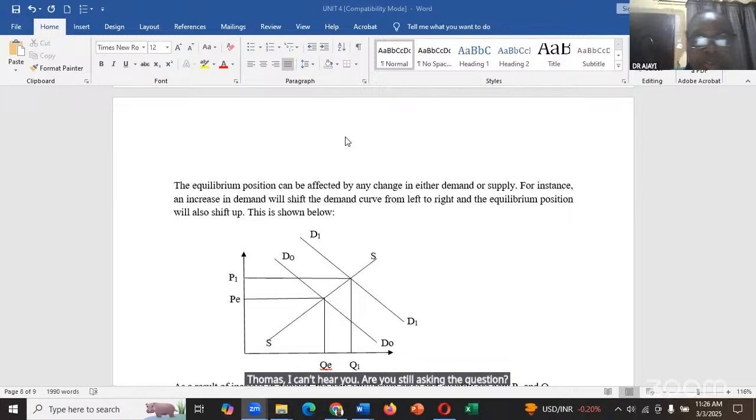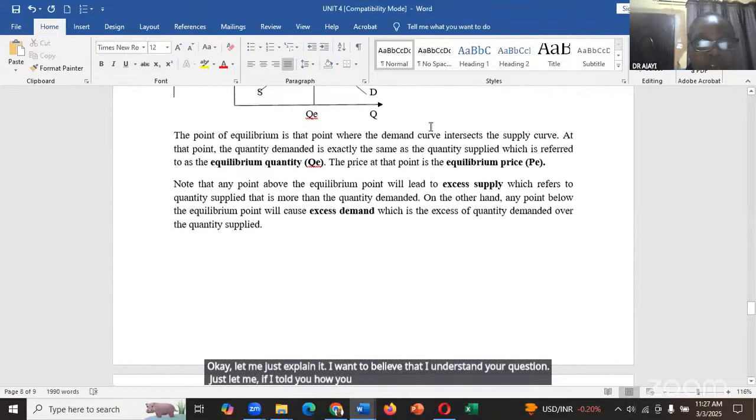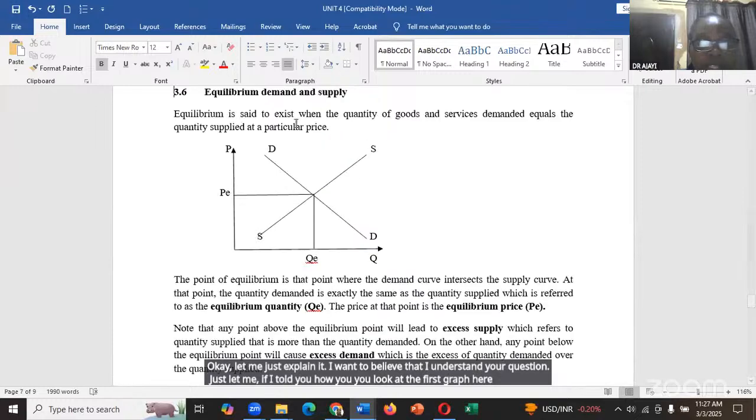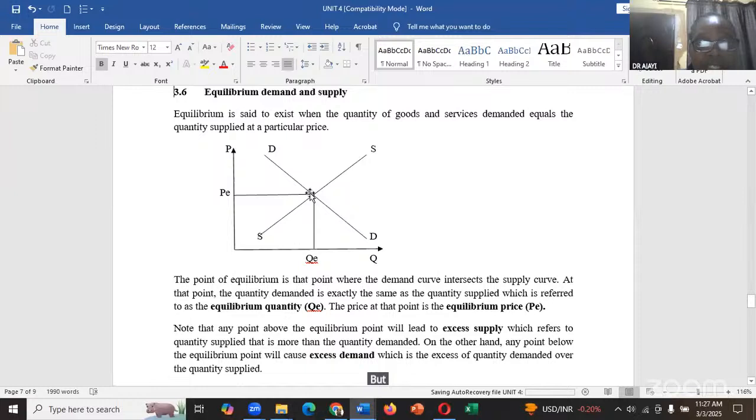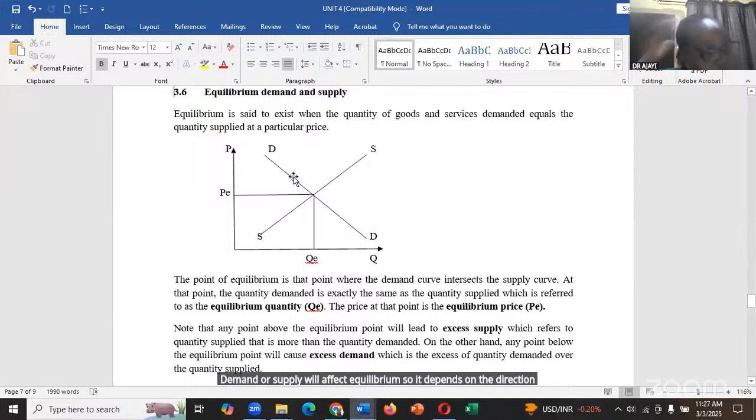Okay, let me just clearly explain. If you look at the first graph here, this is just the state of equilibrium. But like I said, any change in either demand or supply will affect equilibrium, so it depends on the direction of the change.